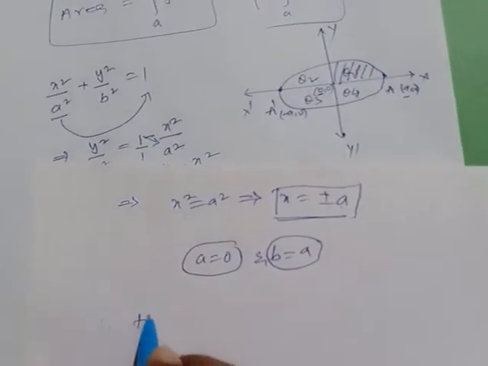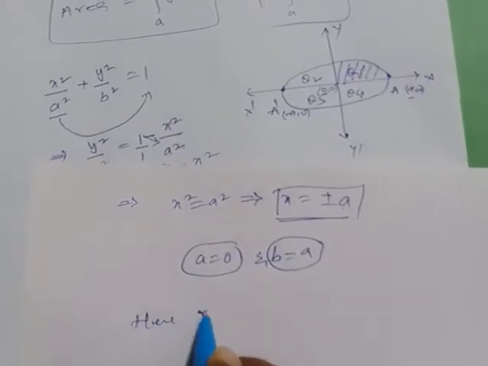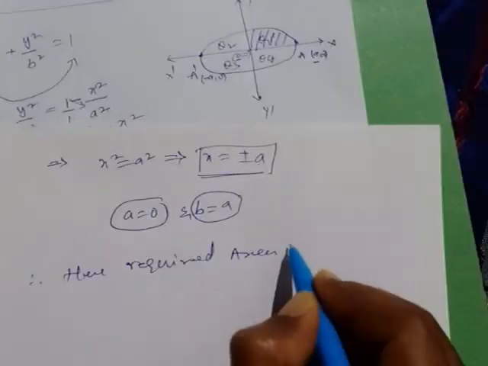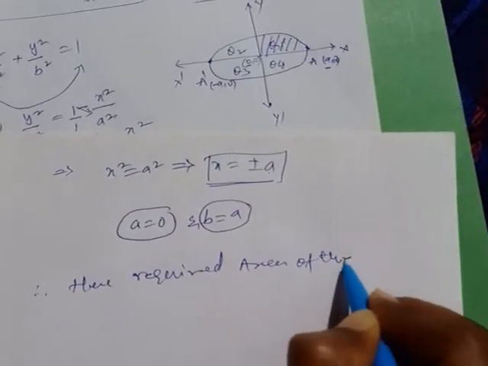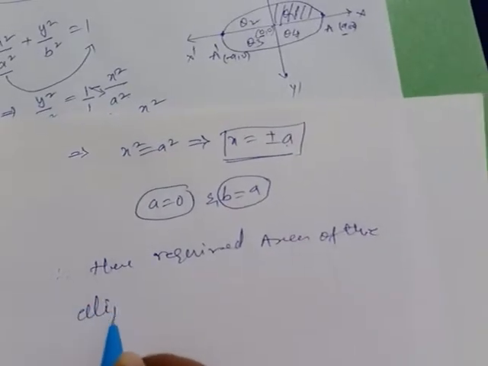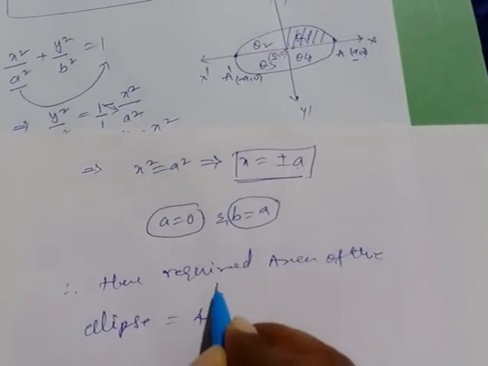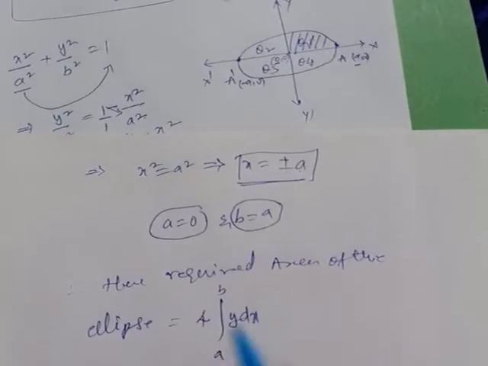Here, the required area of the ellipse is 4 times the integral from a to b of y dx.